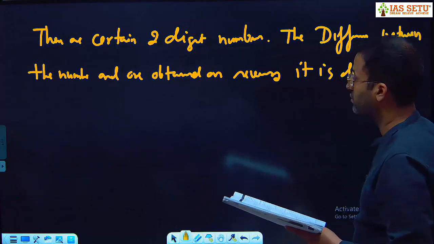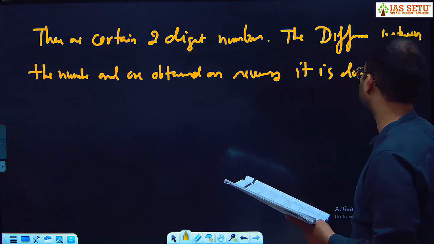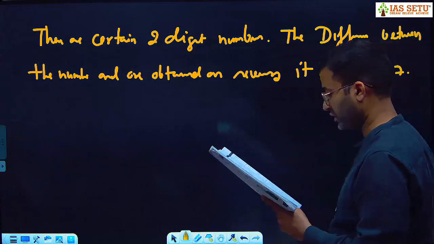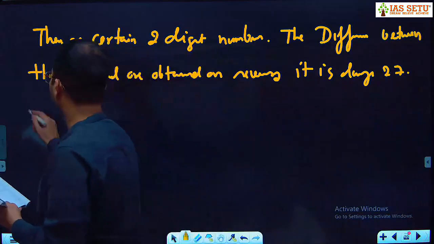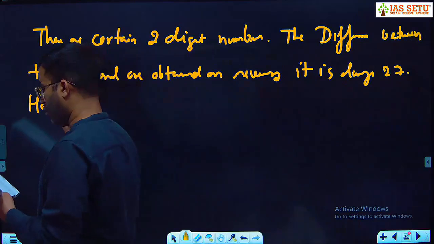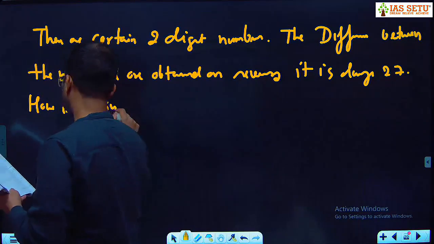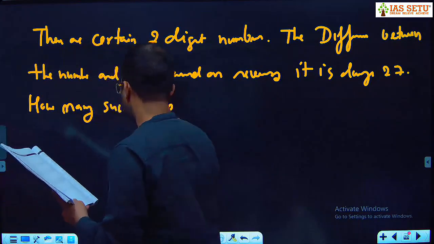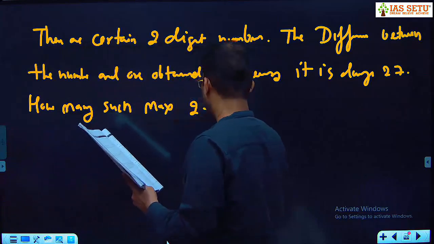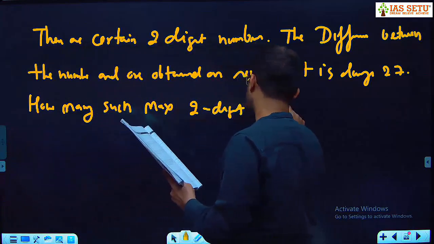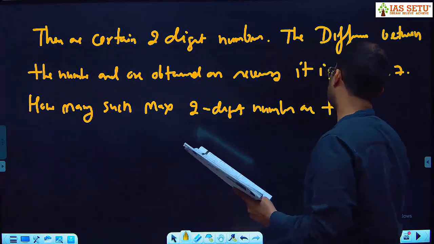The difference between the number and one obtained on reversing it is always 27. How many such maximum 2-digit numbers are there?